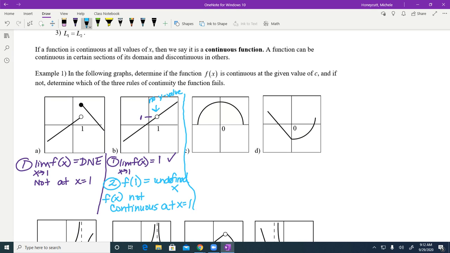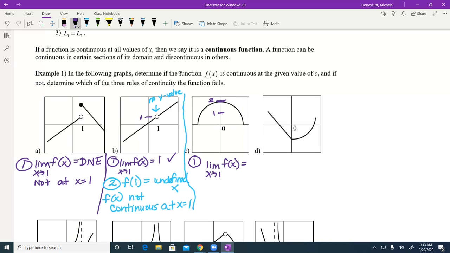All right, let's look at another example. This time we're given the value of 0. So let's check the first condition again. Condition number 1. Looks like they've given us the value of 0, so I want to check the limit as x approaches 0. And let me say that this is 2. I just think it makes it easier if there's numbers labeled here. Okay, so let's check the limit as x approaches 0 of f of x.